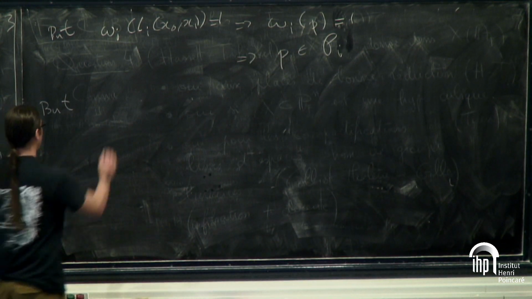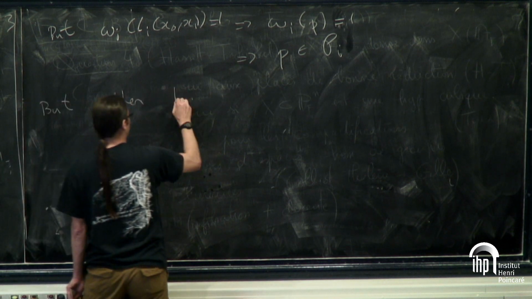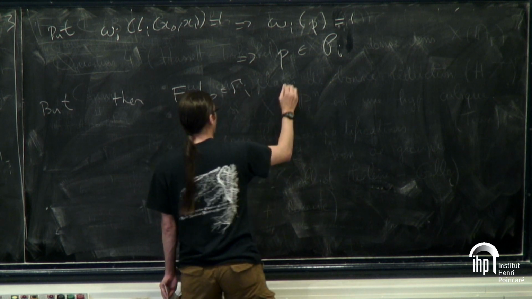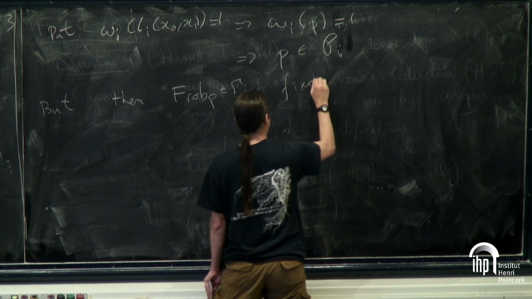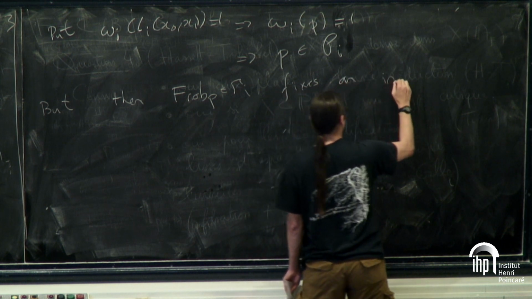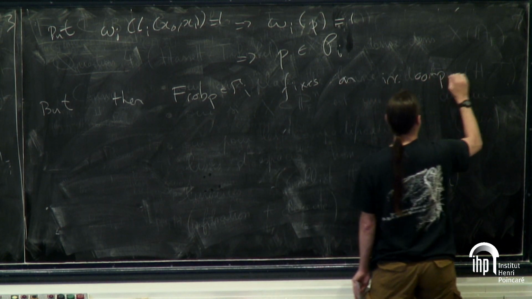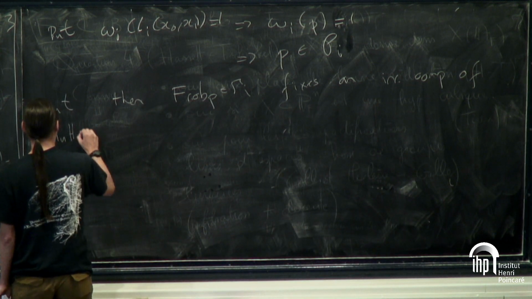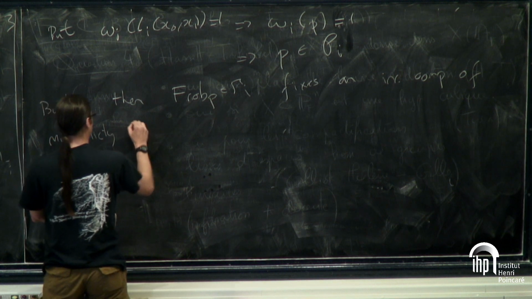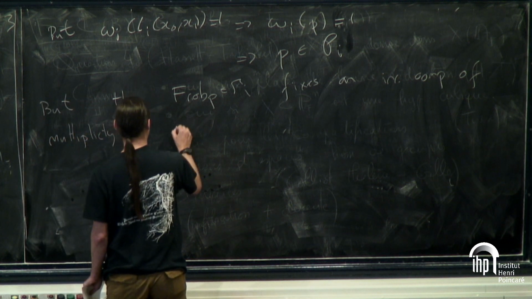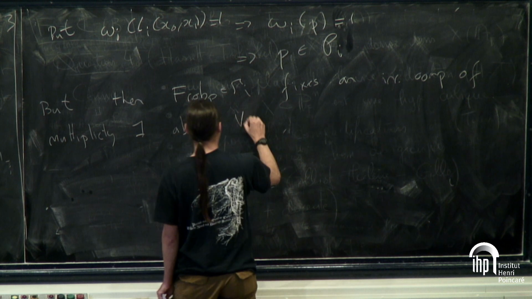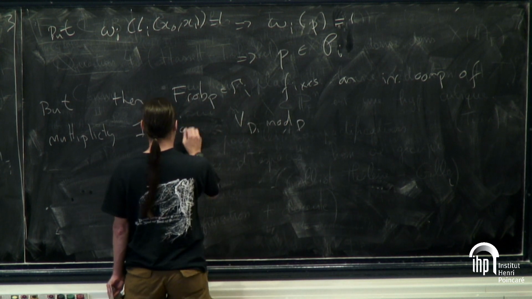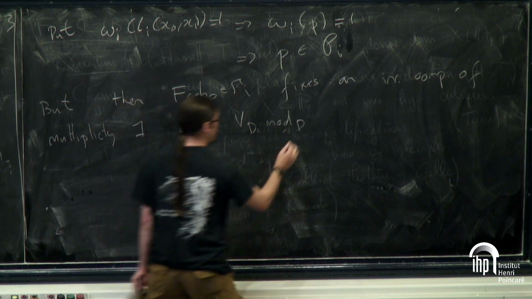Since p is in P_i, this is exactly defined to be those elements such that the Frobenius element fixes a geometrically irreducible component of multiplicity 1 of this fiber modulo p.